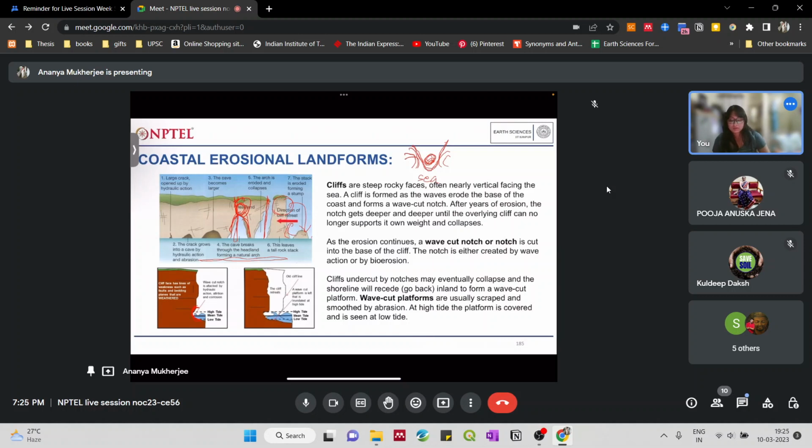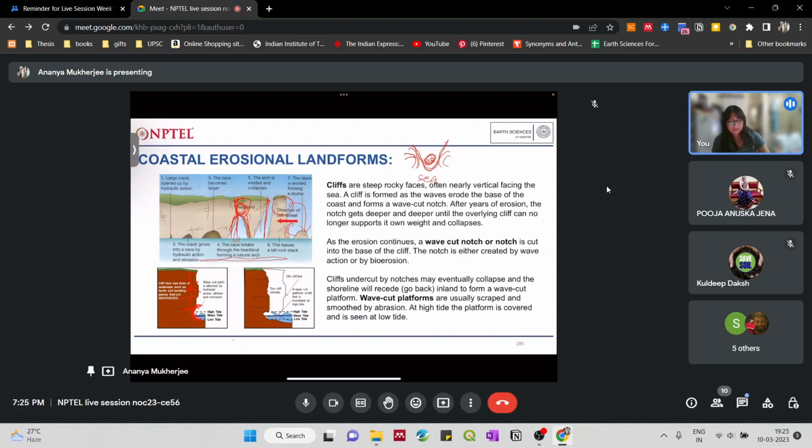Because of the wave action, there are also joints and planes of weakness that are formed. Due to ongoing erosive action over here, this part will get weakened and fall, and the cliff face will move towards the land. This is known as cliff retreat.